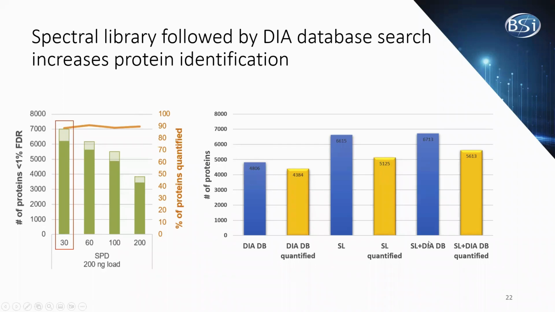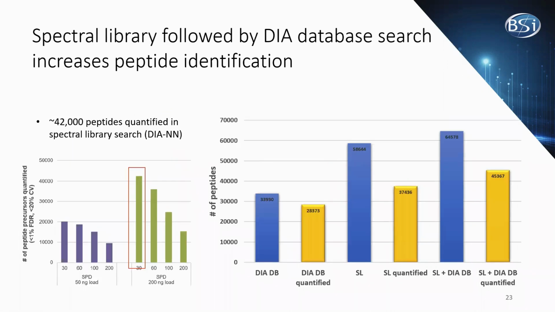And when you combine spectral library with the DIA DB search, you can see you can increase this number by roughly 100 identified proteins and significantly more quantifiable proteins. So next, I compared the number of peptide identifications.